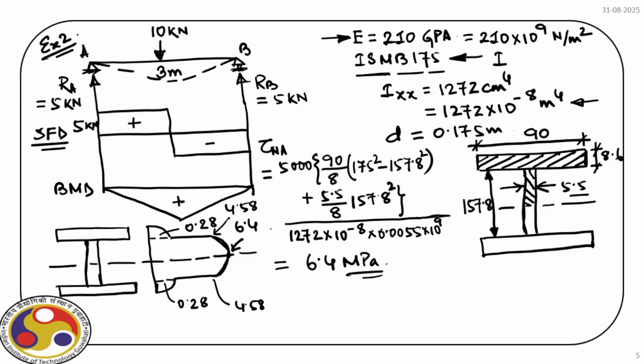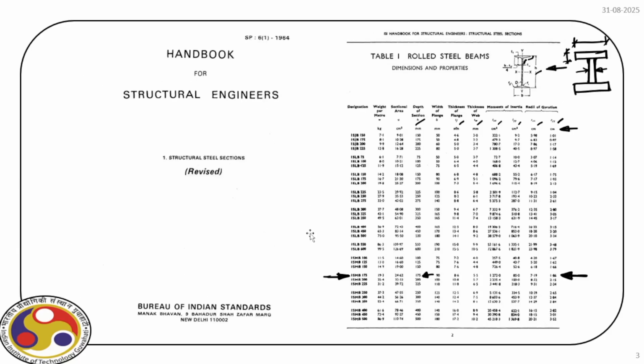So now you can see how we use the steel table to design a section when we take actual problems. And as you progress in the course, in third year, you will learn steel design. There you'll use these steel tables very frequently, and you'll get all the sectional properties directly from the steel table.